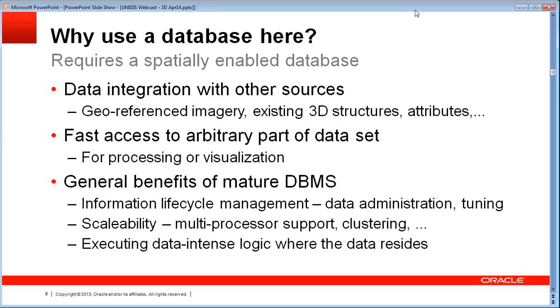Also, if you want to do any kind of additional analysis, you don't necessarily want to run the analysis over the entire data set. So having the capability of quickly accessing some part of the overall data set is very beneficial, be it for processing, be it for visualization, and that's also where databases generally have their strengths.